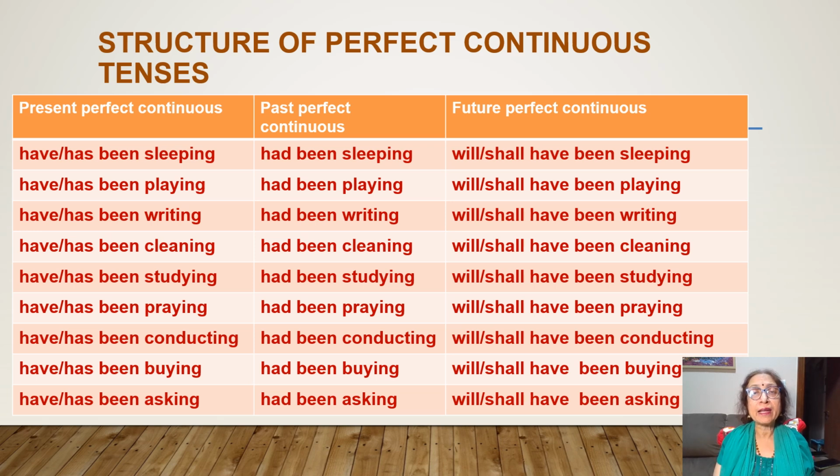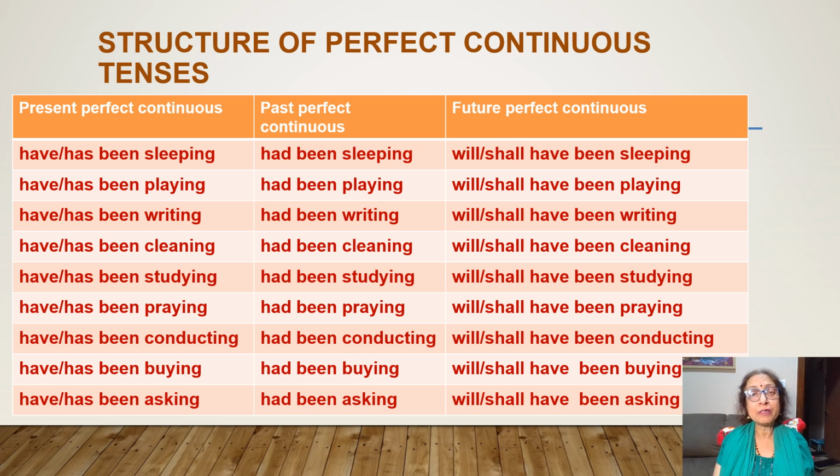Those of you who cannot see the slides on your phones, because the slides might come in a very small format, for them, I have already read out to you the root verbs like sleep, play, write, clean, study, pray, conduct, buy, and ask. Now it is up to you to make the table for yourself.